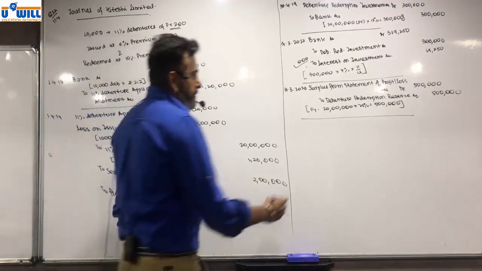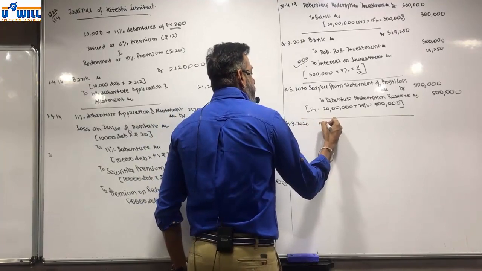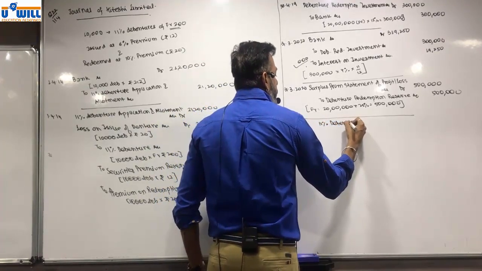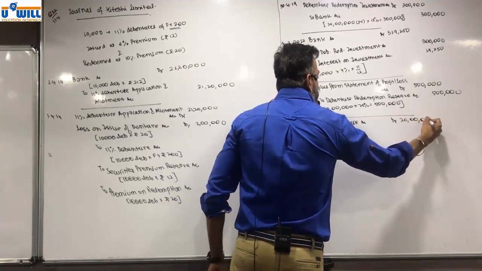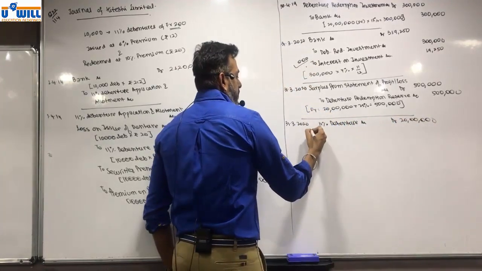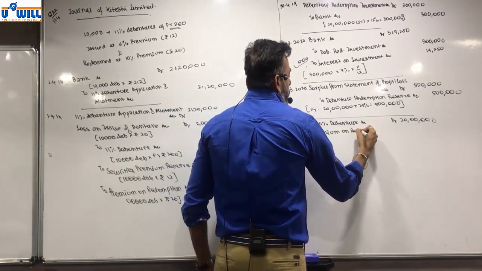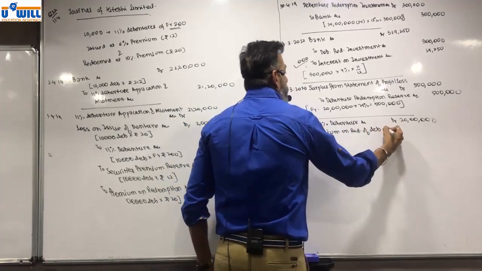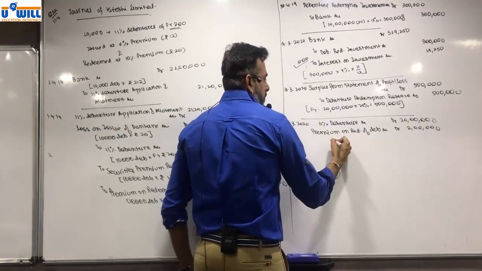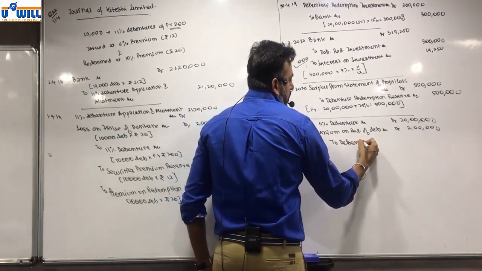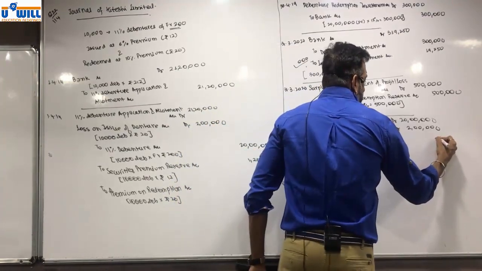Now we redeem the debentures. 31/3/2020. 11% debenture account debit 20 lakhs. Premium on redemption of debenture account debit 2 lakhs to debenture holder account 22 lakhs.